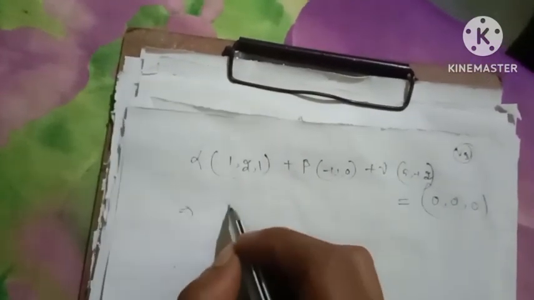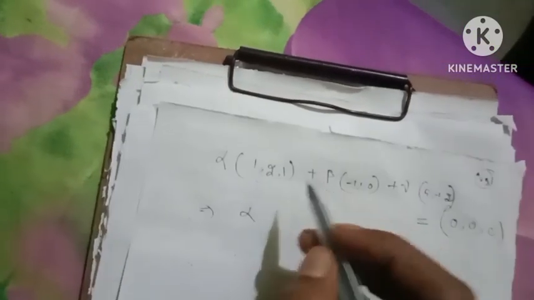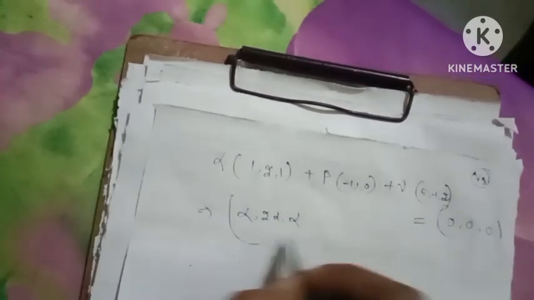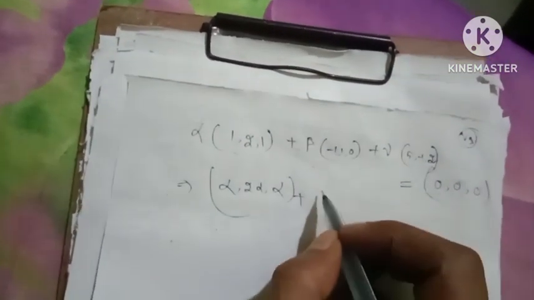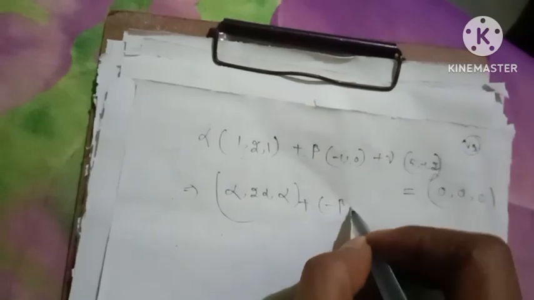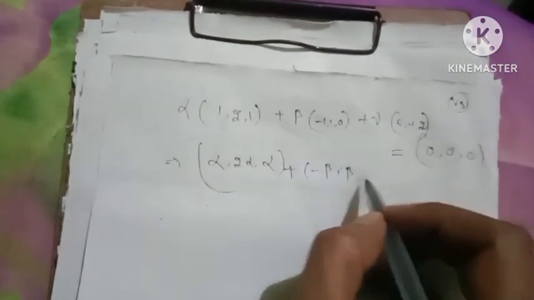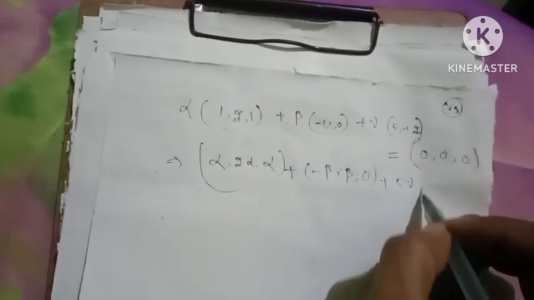I'll write the linear combination this way. Alpha into 1 means alpha, alpha into 2 means 2 alpha, alpha into 1 means alpha, plus beta into minus 1 means minus beta, beta into 0 is 0, and 5 into gamma is 5 gamma, gamma into minus 1 is minus gamma, and 2 into gamma is 2 gamma.